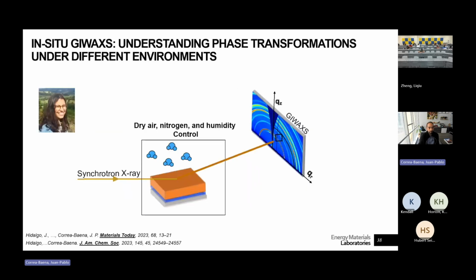What we wanted to do is test whether we can make those structures, now using a synchrotron beamline, but controlling the environment under which we do the measurement. So we introduce air, we introduce nitrogen, we introduce humidity. For example, on a very humid day like today in Atlanta, we will have a lot of humidity. Does that affect the degradation, the decomposition of that material?